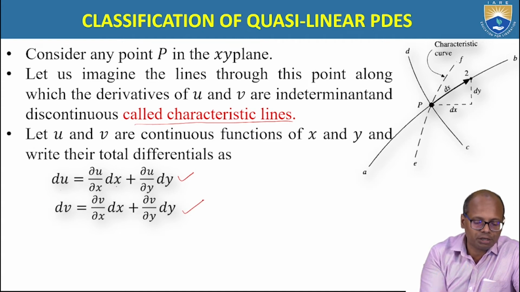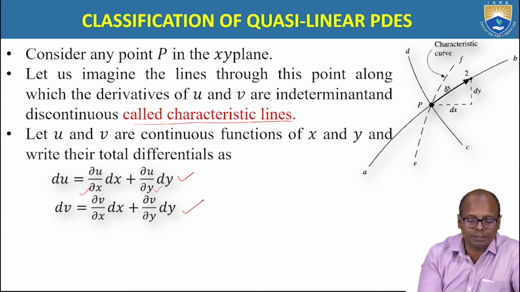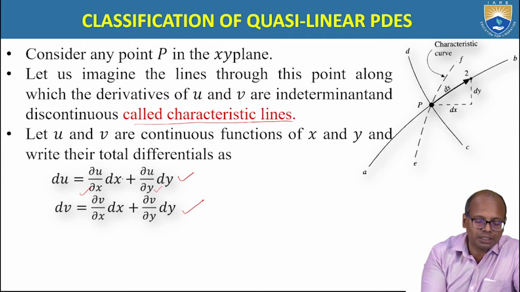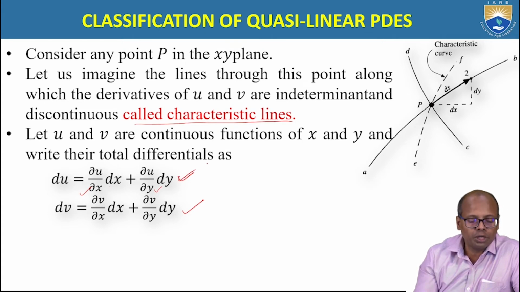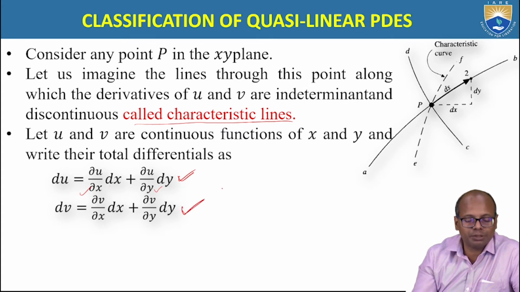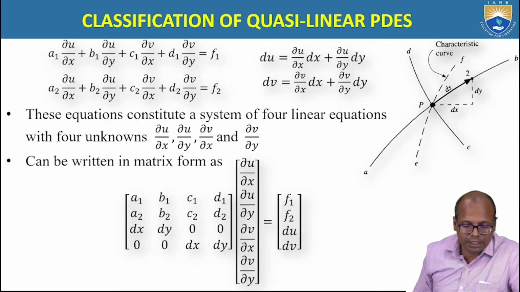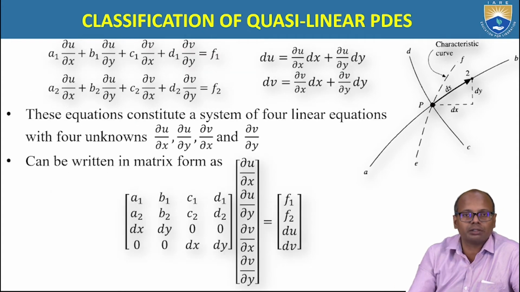The u is a function of x and y, so I am partially differentiating with respect to x and partially differentiating with respect to y, and multiplying with dx and dy. So this is the total derivative of u in the xy space, and this is the total derivative of v in the xy space. So we have four equations: two equations in the form of the quasi-linear equations that we have taken, and two equations in the form of the derivatives. So these are the four sets of equations.